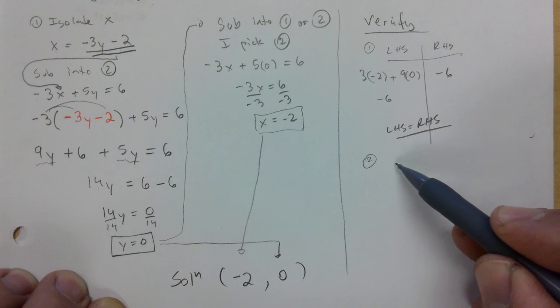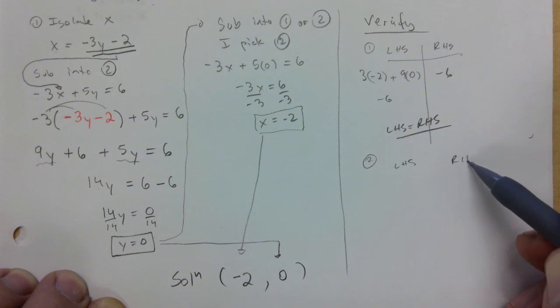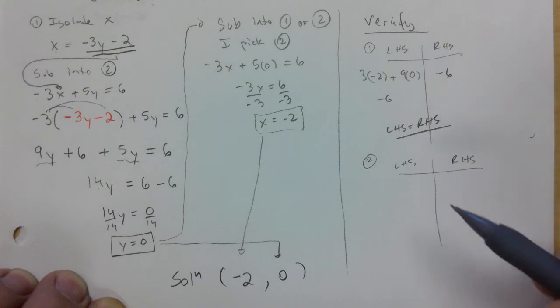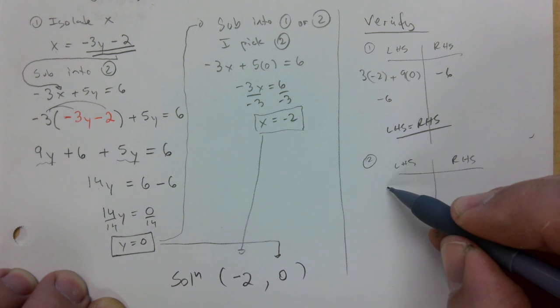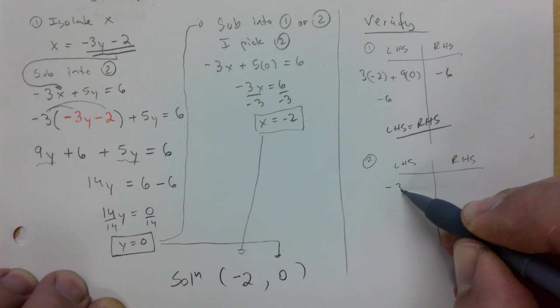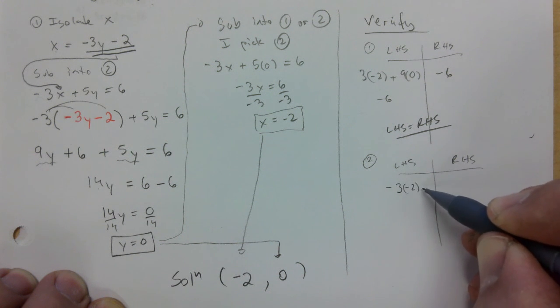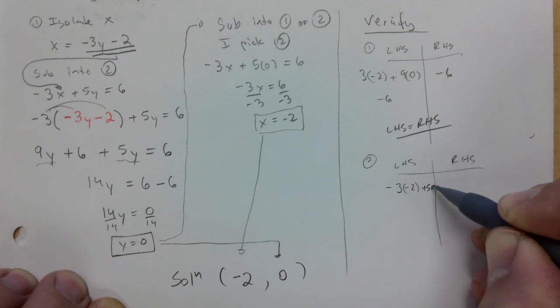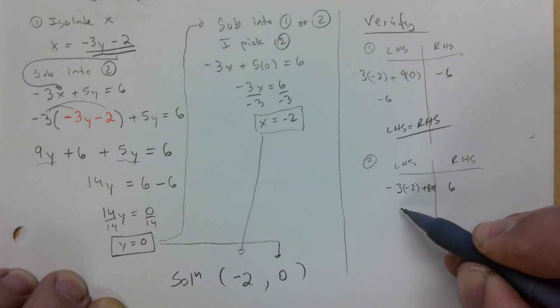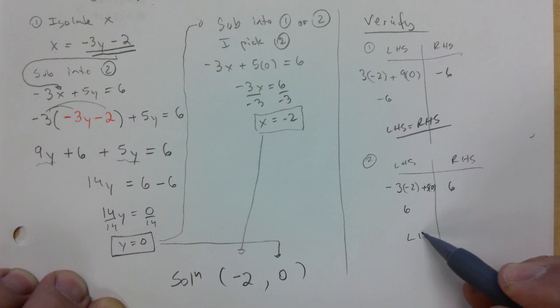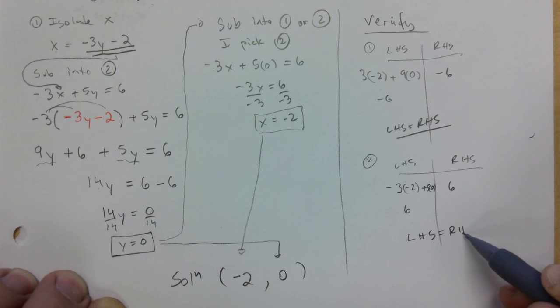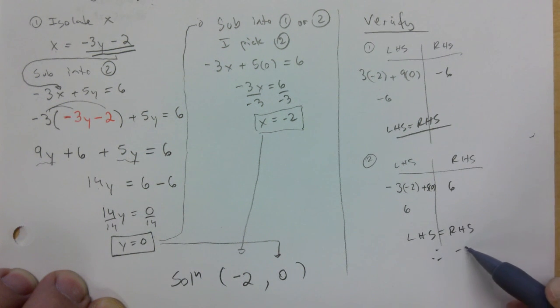And then for our second equation, I apologize, I try not to do that, but I feel like we need to finish this here. Negative 3 times negative 2 plus 5 times 0 is supposed to be equal to 6. 6 is equal to 6. Therefore, negative 2, 0 is a solution.